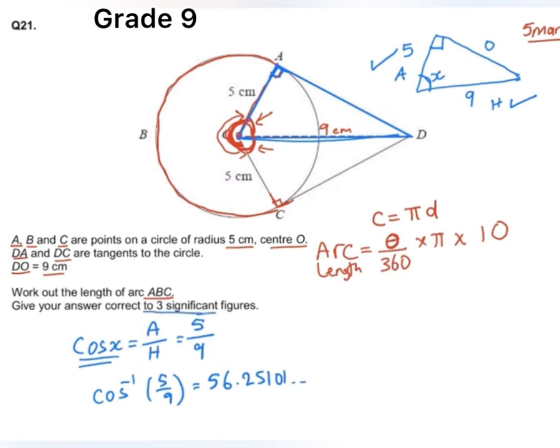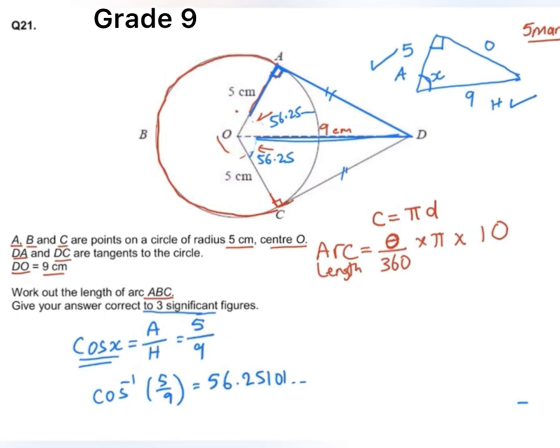Remember, we want the answer to 3 significant figures, so try to keep as many numbers in your calculator as possible. So this angle over here is also going to be 56.25 because it's symmetrical, since the tangents would be of the same length.